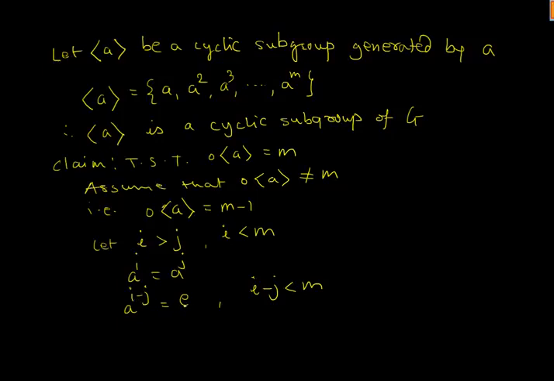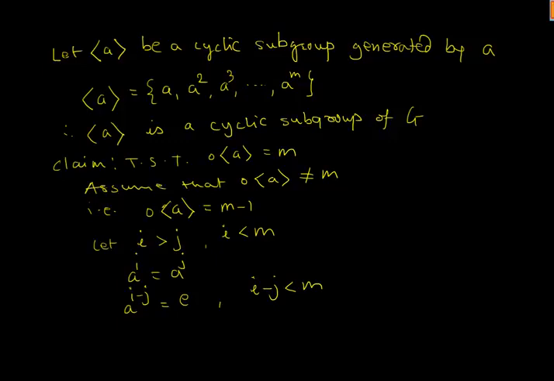Oh my God. It is a violation of the definition of the order of a, because we have already assumed that the order of a is equal to m and m is the least number. Once we state that the order of a is equal to m, then m is the smallest integer which gives a to the power m is equal to e.